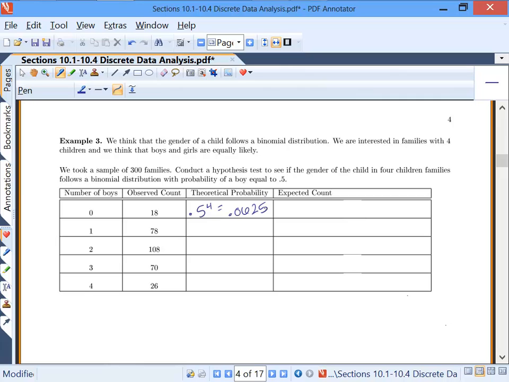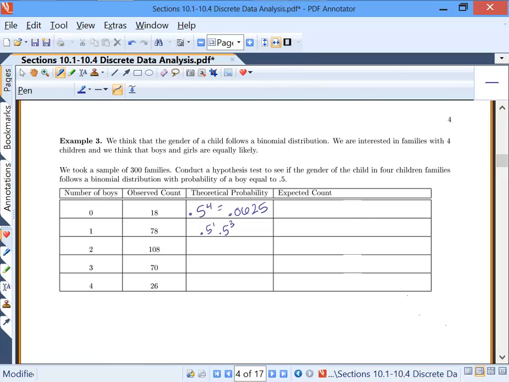You do this. Probability of 1 boy. So we do need 1 boy times the probability of getting a girl to the 3rd, and we need 3 girls. But what else do we need? If you remember from the binomial probability section, the order doesn't matter, so you have all the different combinations, right?